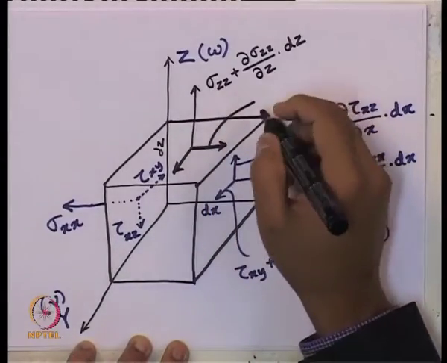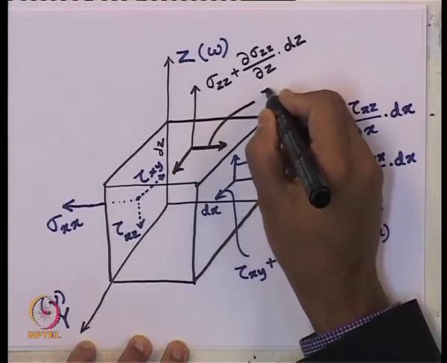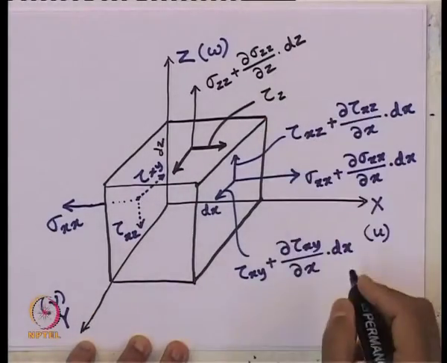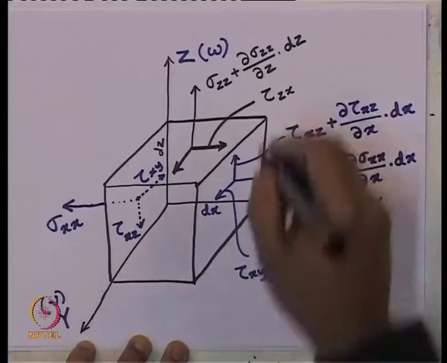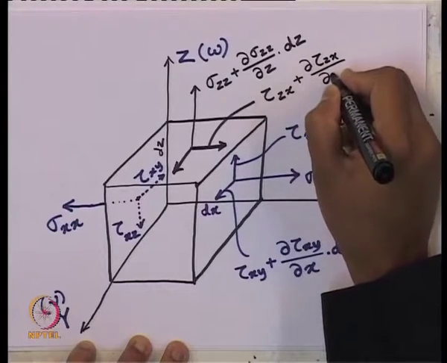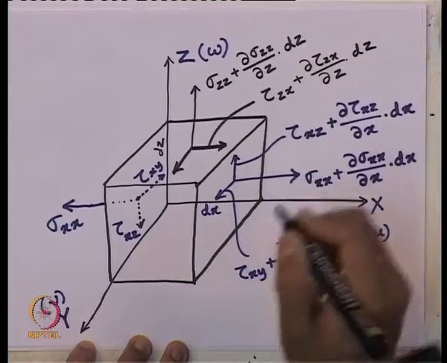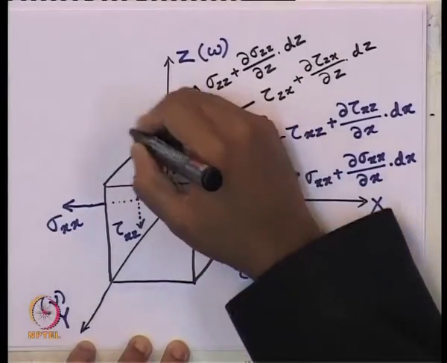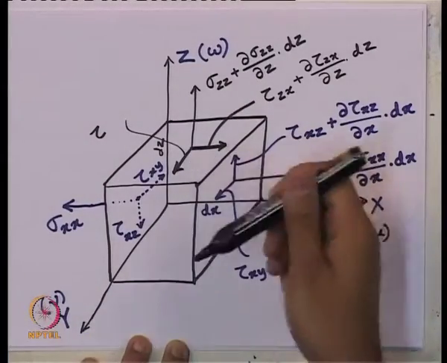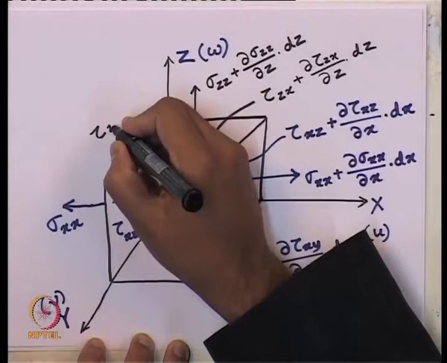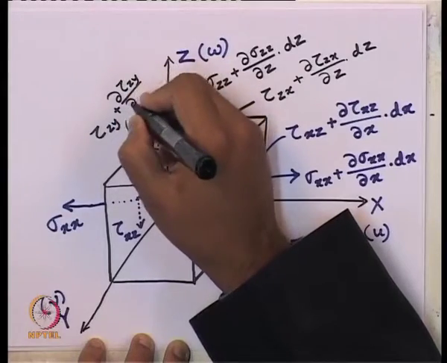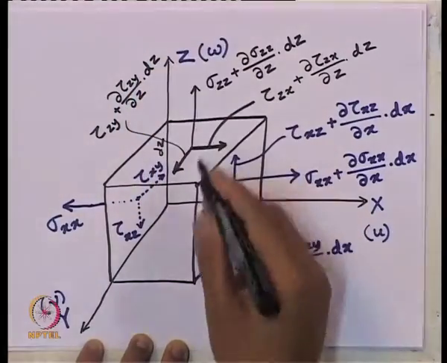This shear stress is acting on z plane in the direction of x, so tau z x plus del tau z x by del z dz, and this one is acting on z plane in y direction, so tau z y plus del tau z y by del z into dz. This is on the upper face.